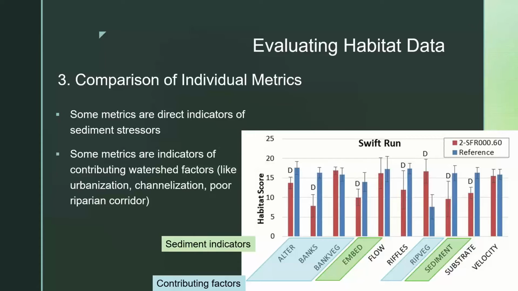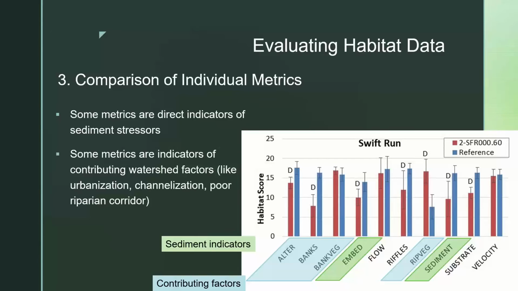But I would encourage you to look at, particularly for sediment, the embeddedness scores and the sediment scores, compare those with a reference, but then also look at those riparian scores, because they're going to tell you, is there an active source of that sediment?